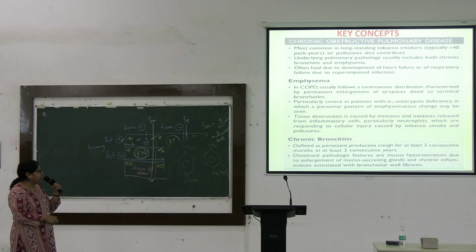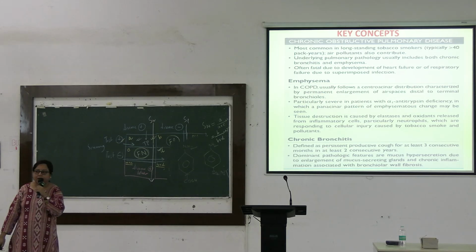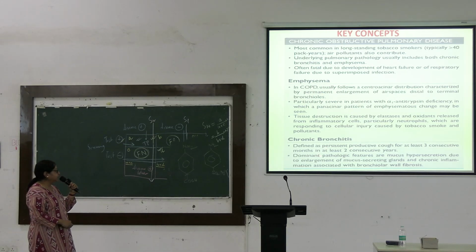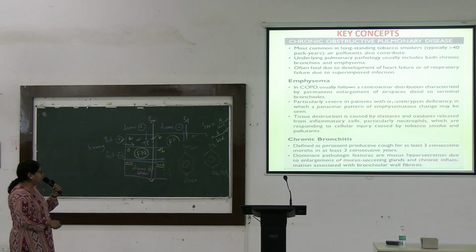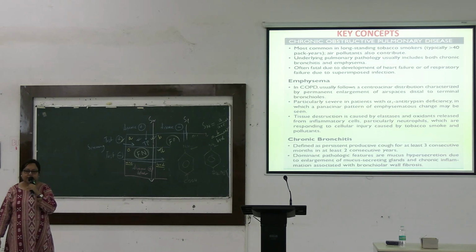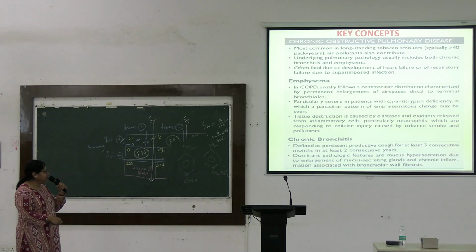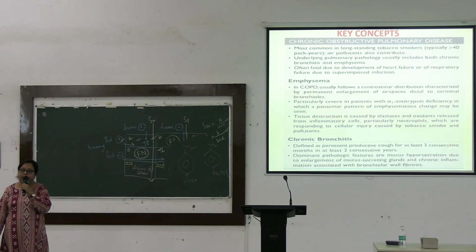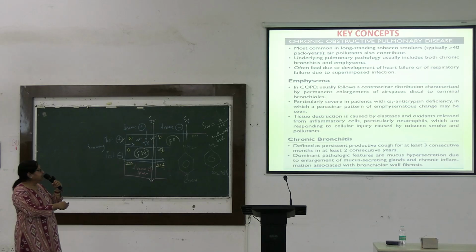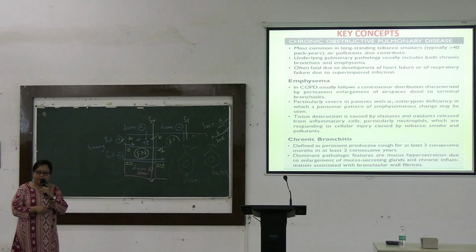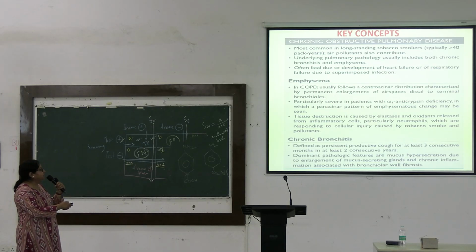And in chronic bronchitis, as I said, persistent cough for at least 3 consecutive months in at least 2 consecutive years. And the dominant features are mucus hypersecretion due to enlargement of mucus secreting glands and chronic inflammation. So this is in gist about COPD, which you should remember.